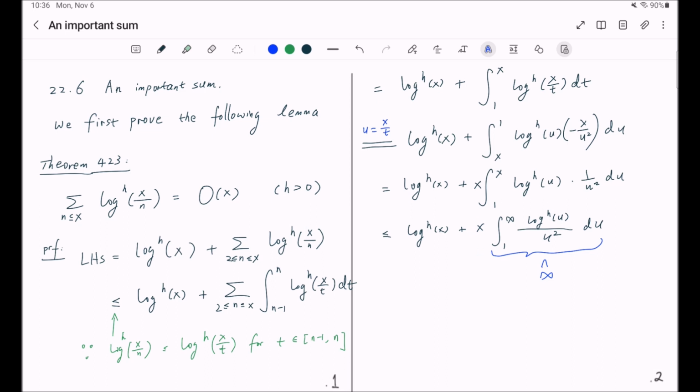And for the same reason, you can see this guy grows slower than any positive power of x. So they together will be a big O of x. And with this, we finish the proof of this lemma, namely theorem 423.